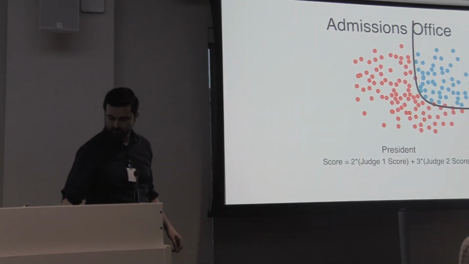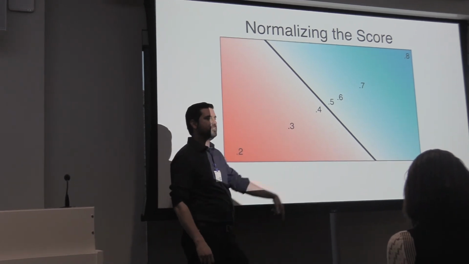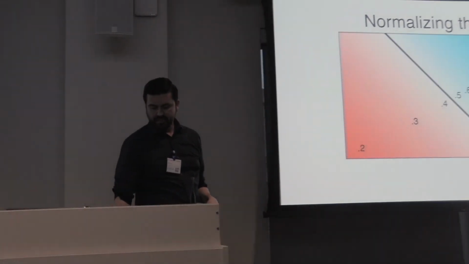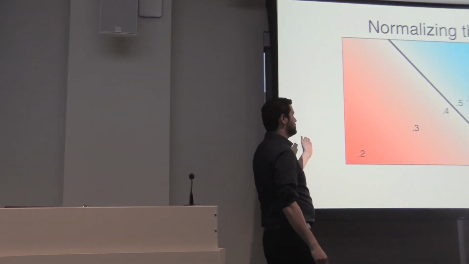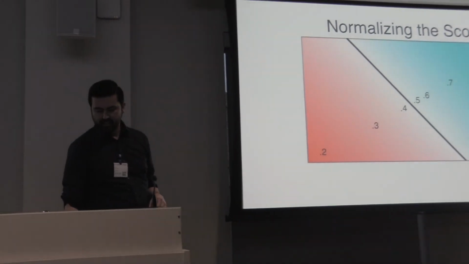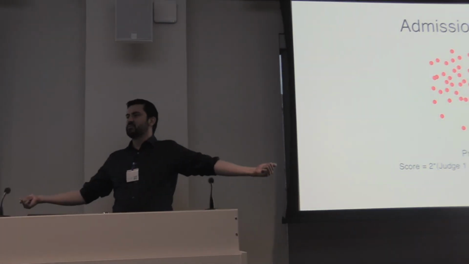You never really get to 1, and you never really get to 0, but as you go, it's like 0.999, and the same thing with 0. But notice that this is not a linear function. The values are not equally spaced, so it breaks the linearity, if you want to think about it that way. And that's how you get the curve. The president just takes the score from one judge and the score from the other judge in some linear combination, and makes a model out of the results she got from the judges.